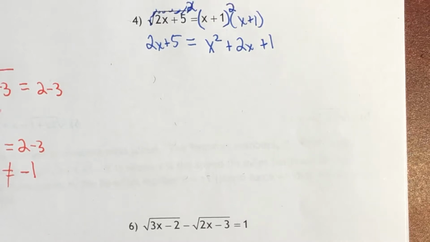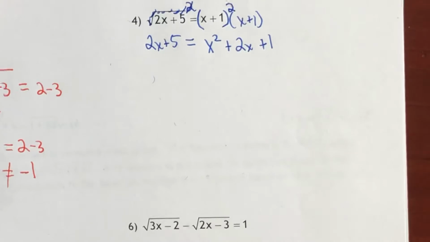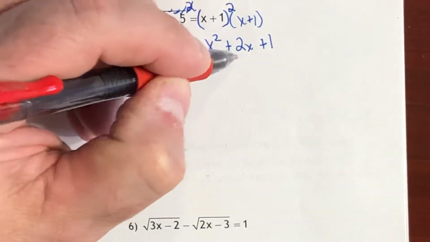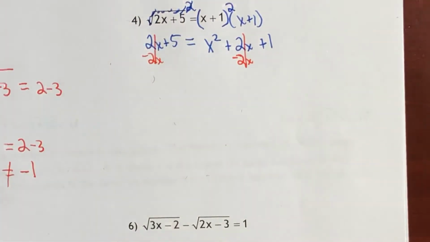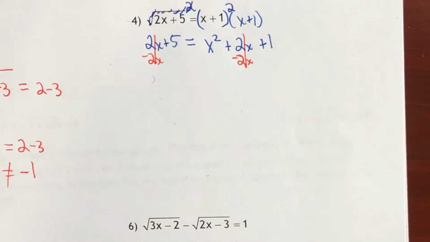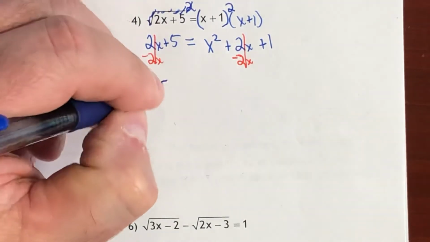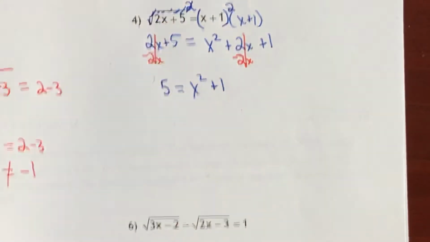And so once again, notice this time we have a 2x on the left-hand side and a 2x on the right-hand side. So if I were to move one of them to the other side by subtracting, you'll notice that they both get canceled out. So really what we have here is now just 5 equals x squared plus 1.